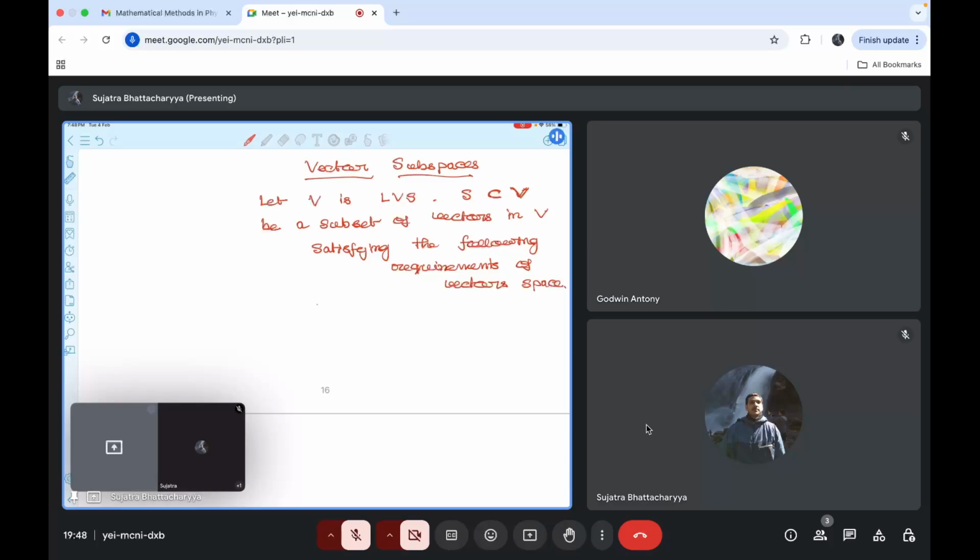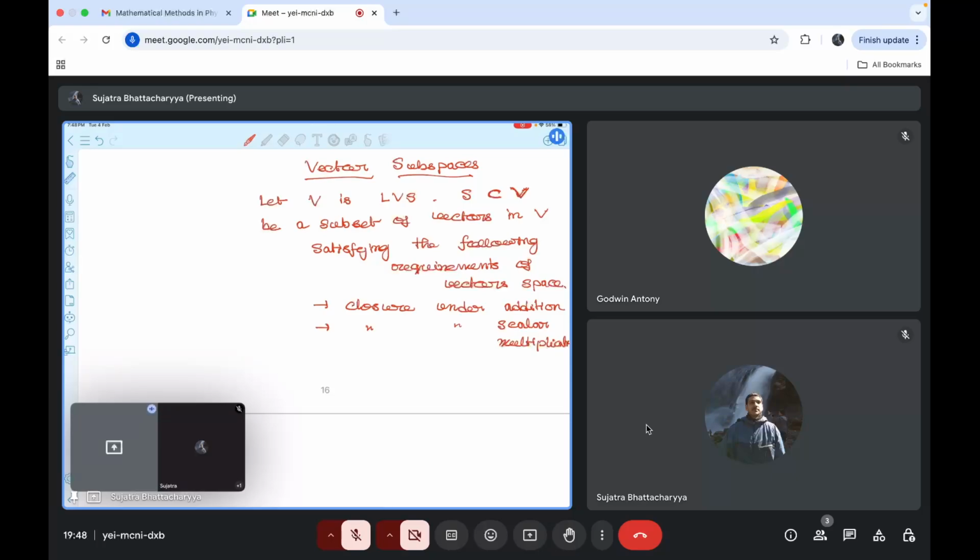So here you just have to prove the closure under addition and closure under scalar multiplication. That's all. You don't need to prove that zero exists or something else. These two will be enough to prove whether a vector set is a subspace or not.